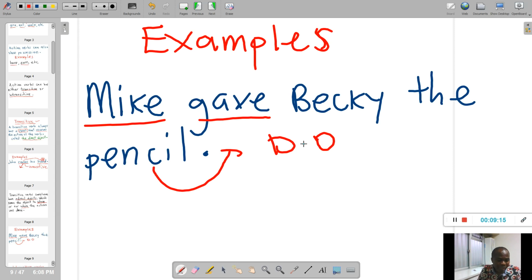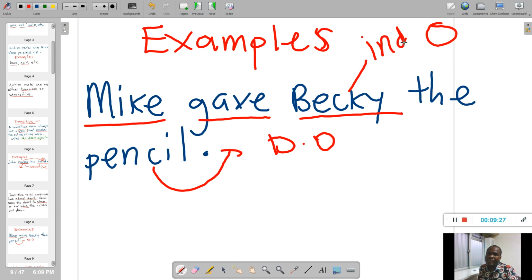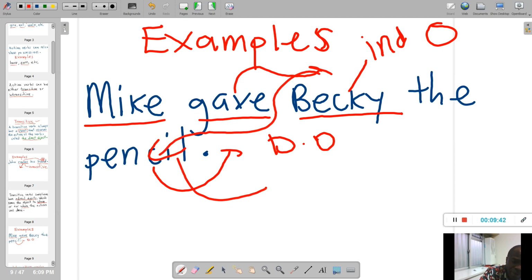To whom did he give it? To Becky. So Becky is the indirect object, and the pencil is the direct object. Gave is referring to Becky also, but gave goes directly to the pencil. So the pencil becomes the direct object, whereas Becky becomes the indirect object. That's the meaning of what we are talking about. A transitive verb can have an indirect object as well as a direct object.